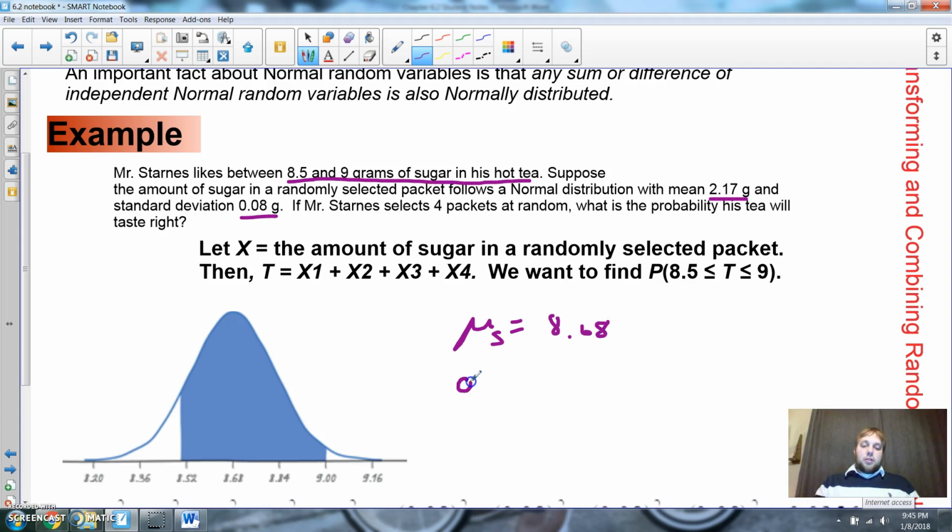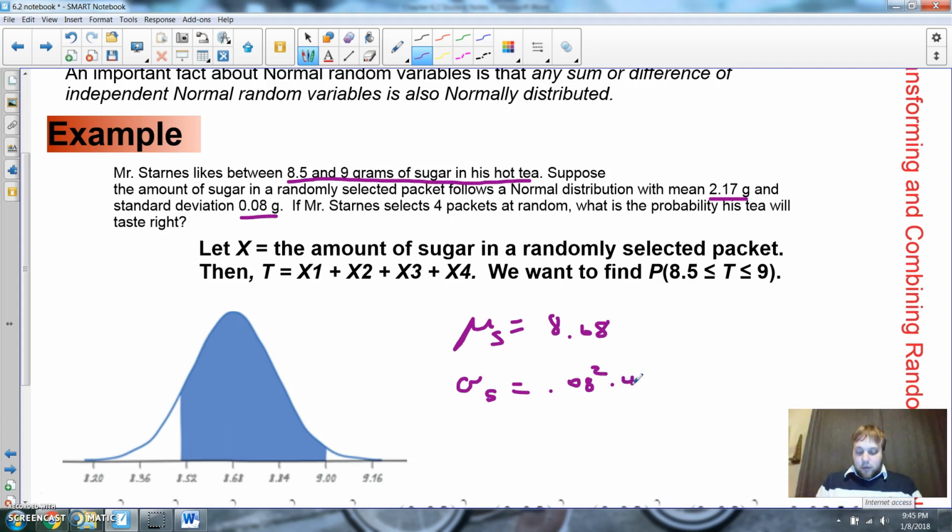Standard deviation of sugar is going to be 0.08. Remember, every packet can vary, so it's really 0.08 squared, because each packet can vary. Every packet could be high, could be low, whatever, and they could overlap. And then I have 4 of them, so I'm going to multiply it by 4.